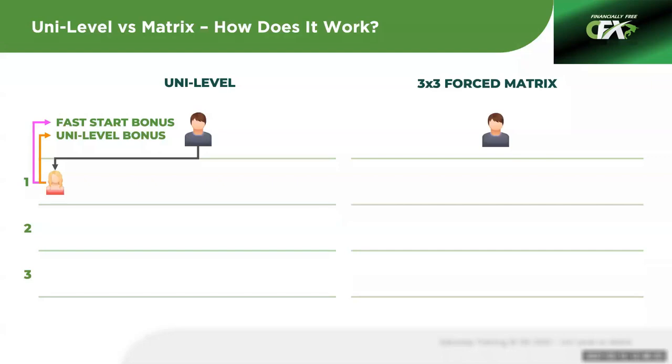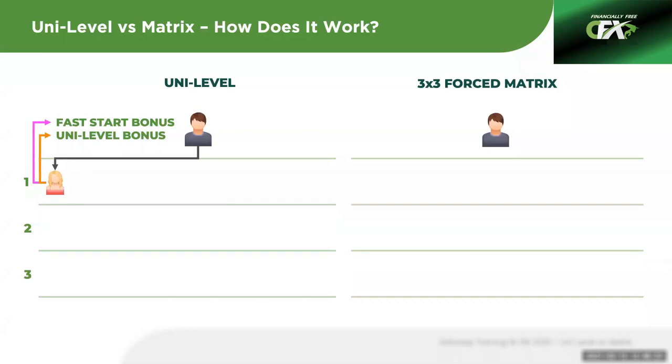Okay. What I'm explaining now is how the bonuses work on the uni level and the matrix so that you understand how those bonuses operate. So when you bring somebody in personally on your uni level, you're going to get the fast start bonus because it's personal to you, 15% of whatever the pack value is. And the uni level bonus, the quickest way to calculate that is that whatever the fast start bonus is, the uni level on levels 1 to 4 is 10% of that fast start.